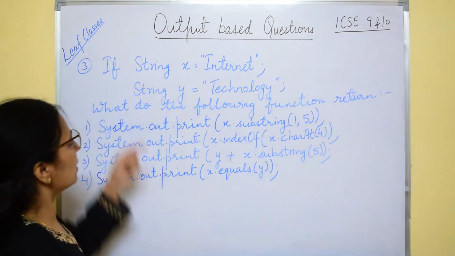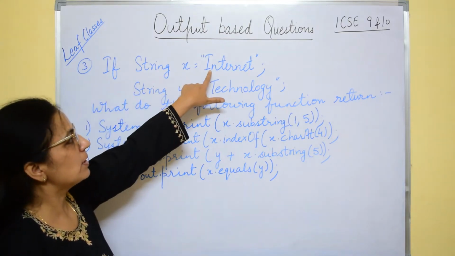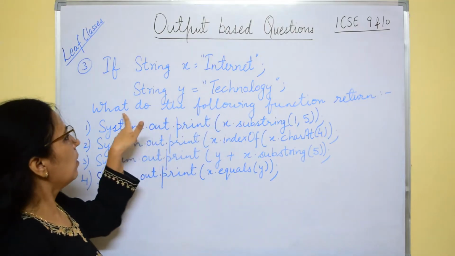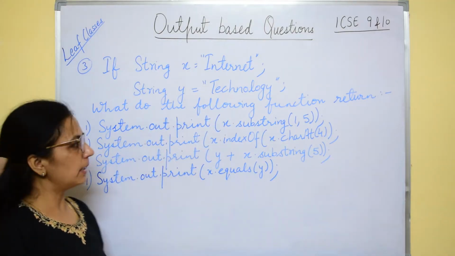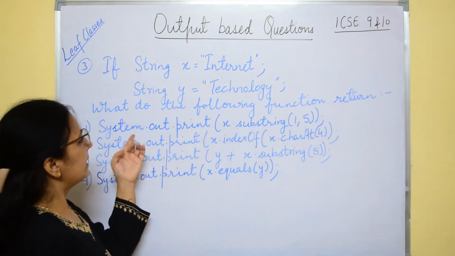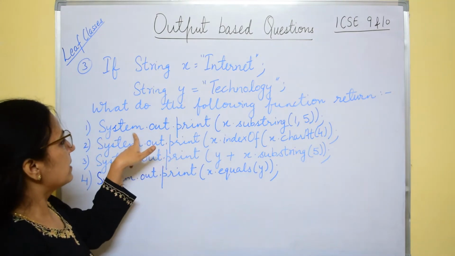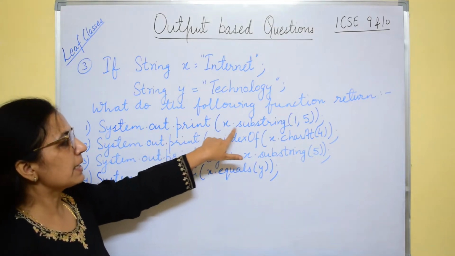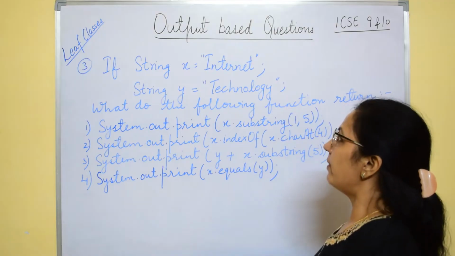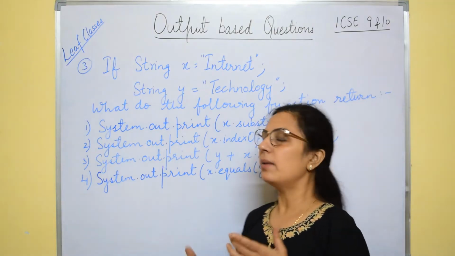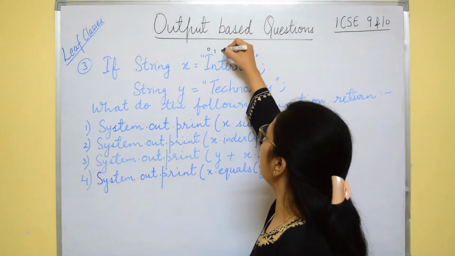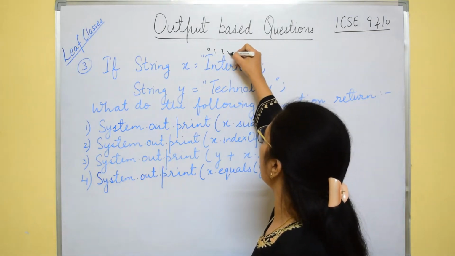The next question is: if String x equals "internet" and String y equals "technology", what do the following functions return? With print statements, different string functions are given. Let's take the first one: System.out.print(x.substring(1, 5)). Now whenever string questions are there, please do write their index numbers with a pencil.